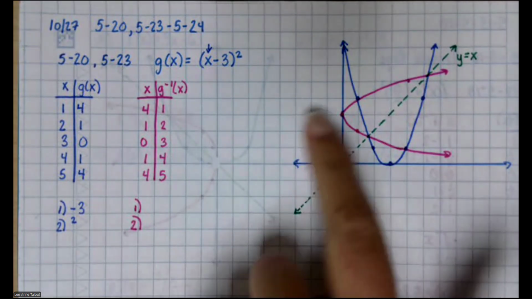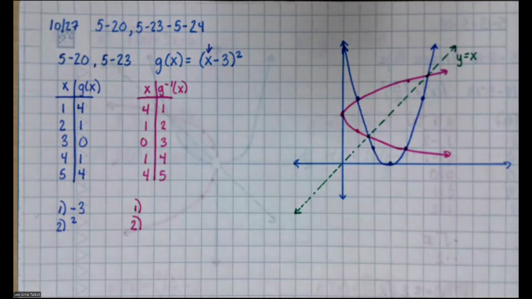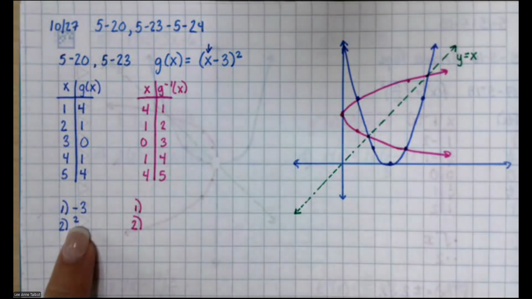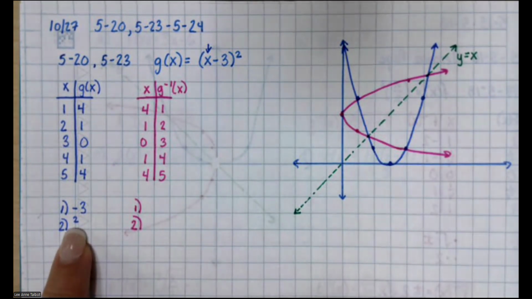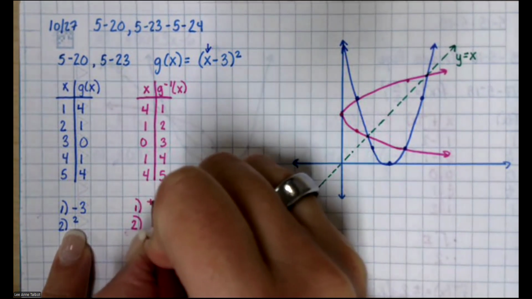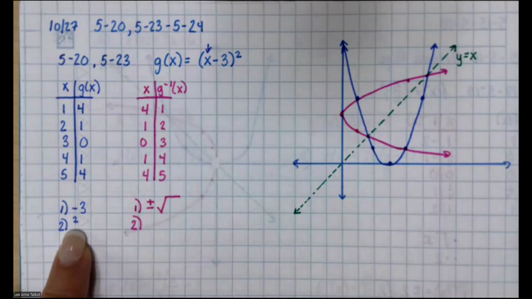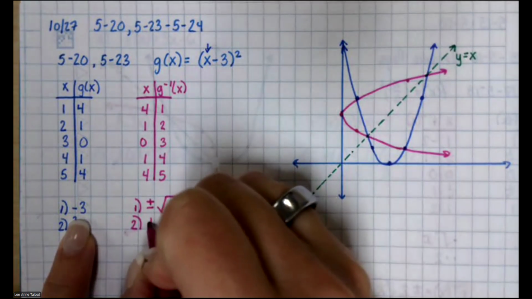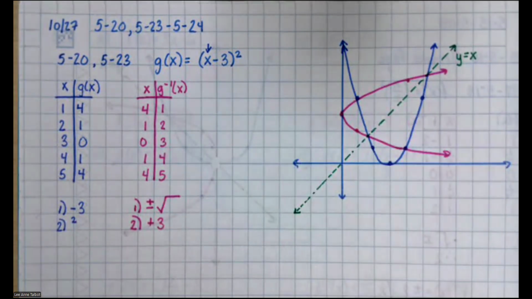Now, this is a sleeping parabola. So we need to find the equation of our sleeping parabola. The first step would be to undo the square, which is square root, however, plus or minus. And then add 3. Plot everything.